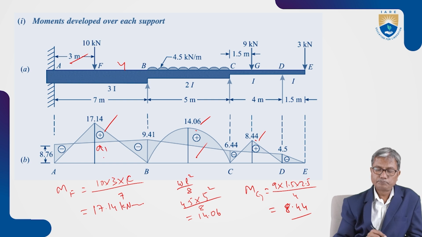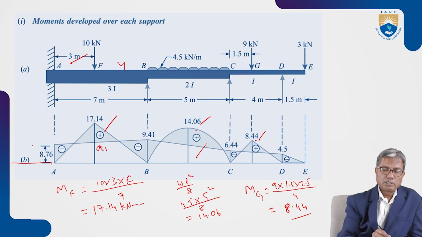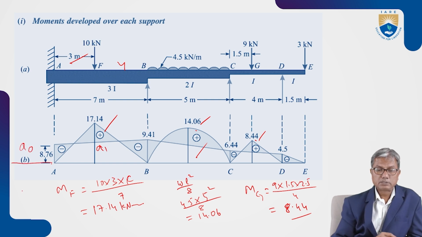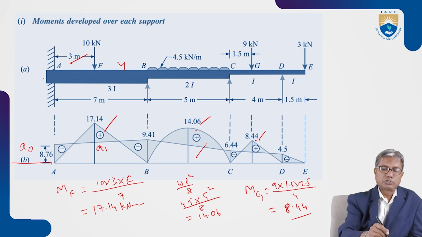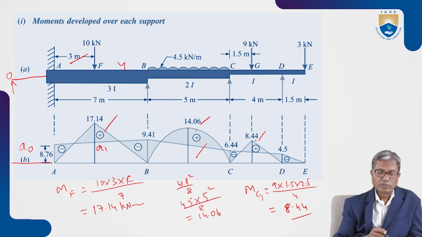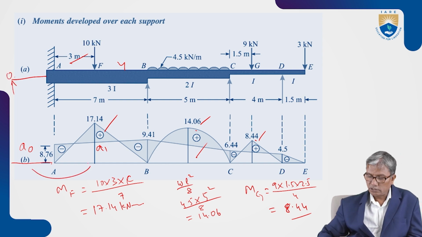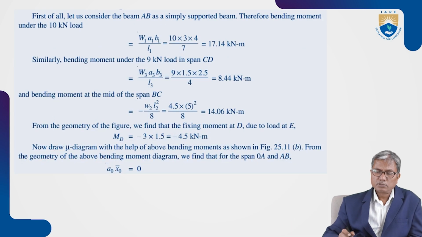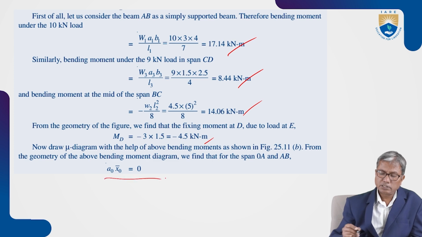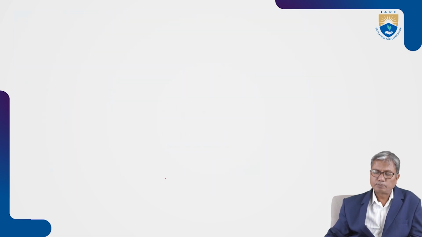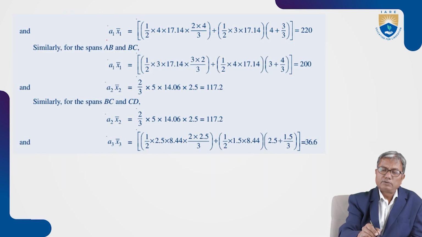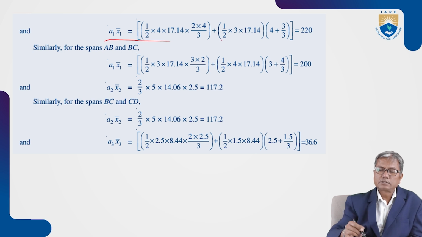A1 means this one. A0 is for the zero span, which is taken to the left of A. We are applying first for these two. So these are the moments we have calculated. A0 X0 bar is 0 on the zero span, and A1 X1 bar is the area.